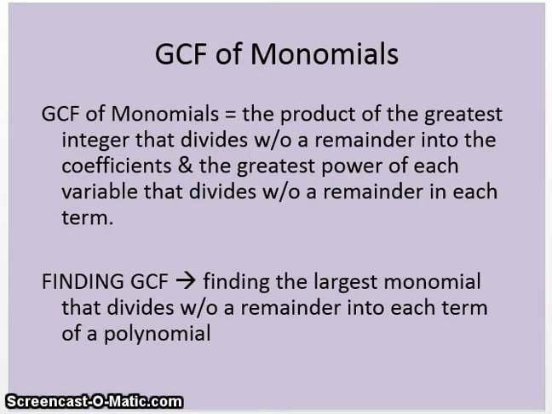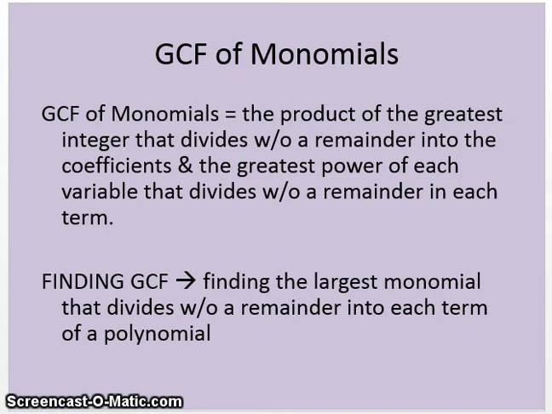Now, monomials are a little different to find the greatest common factor of, only because they contain letters. The greatest common factor of a monomial is the product of the greatest integer that divides without a remainder into the coefficients and the greatest power of each variable that divides without a remainder in each term.